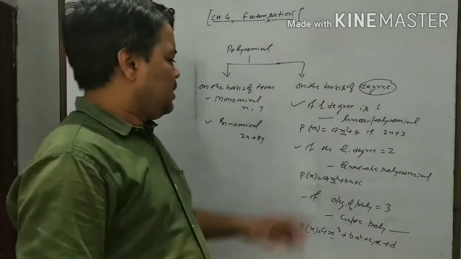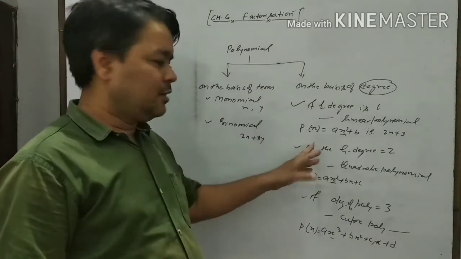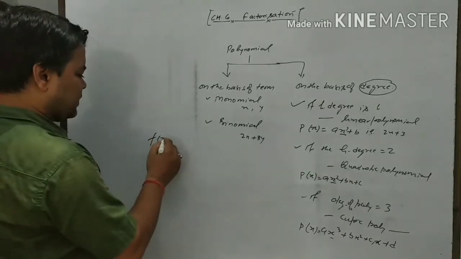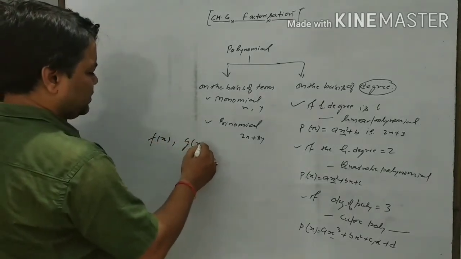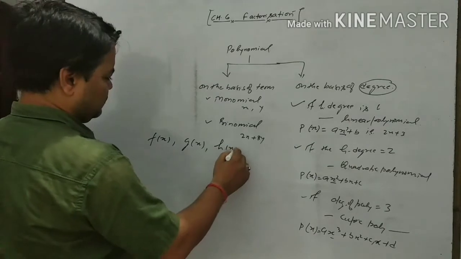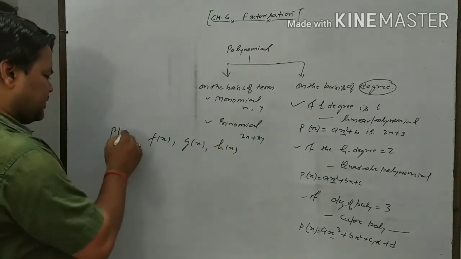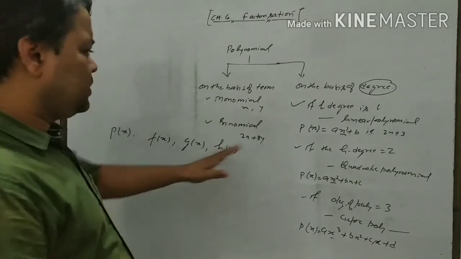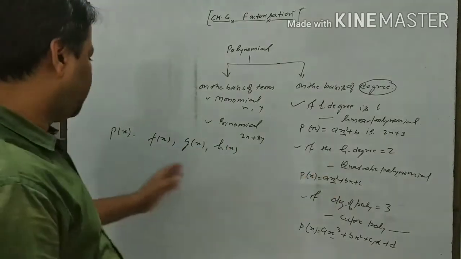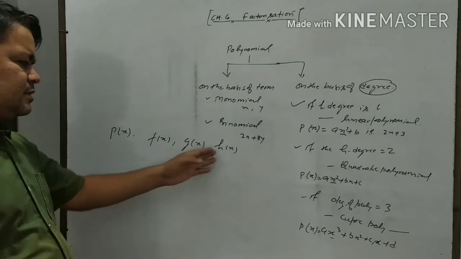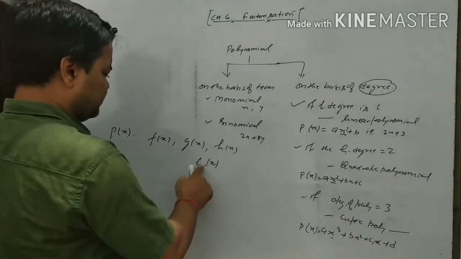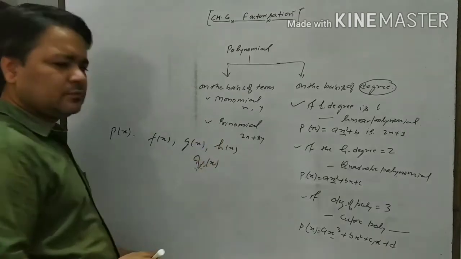Sometimes P(x), sometimes in place of P we can write f(x), we can write g(x) also, and h(x) also, p(x) also. To mention any particular polynomial, we just define it: p(x), f(x), g(x), h(x), q(x) also.